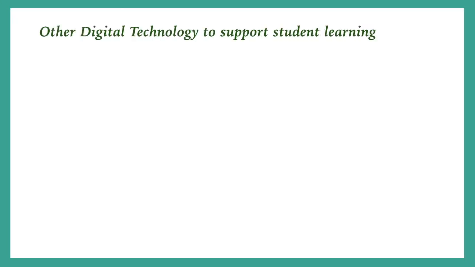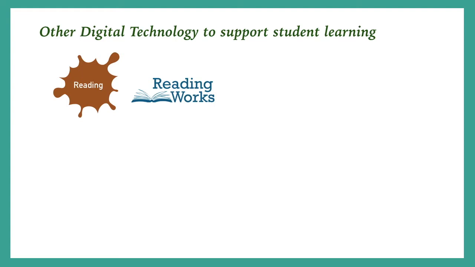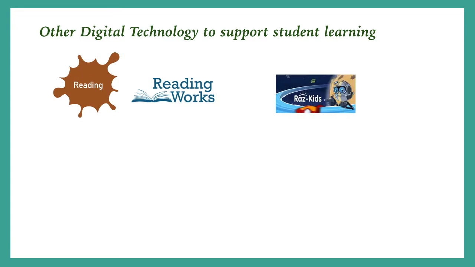Other digital technologies are used for reading. For instance, there is ReadWorks, where students have access to fiction and non-fiction reading, and Raz-Kids, which is bi-level. For math, they use Prodigy.